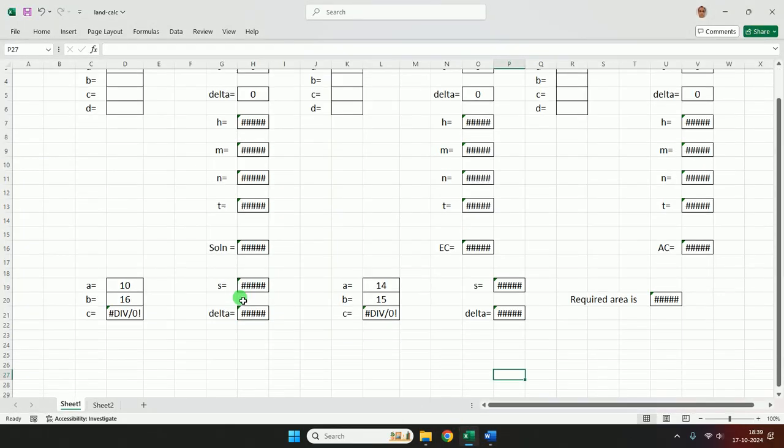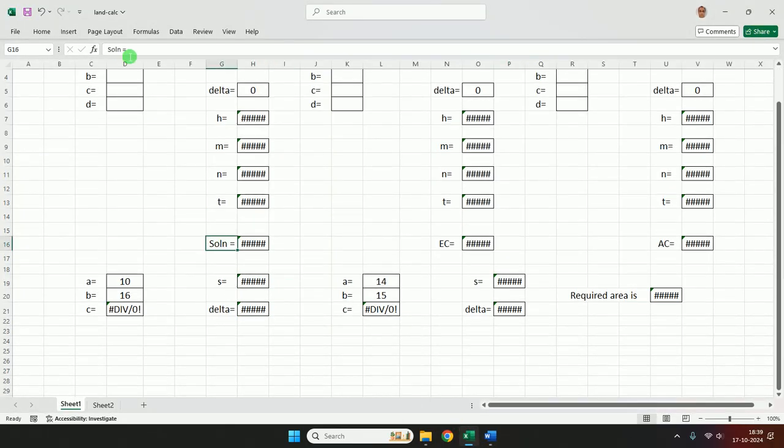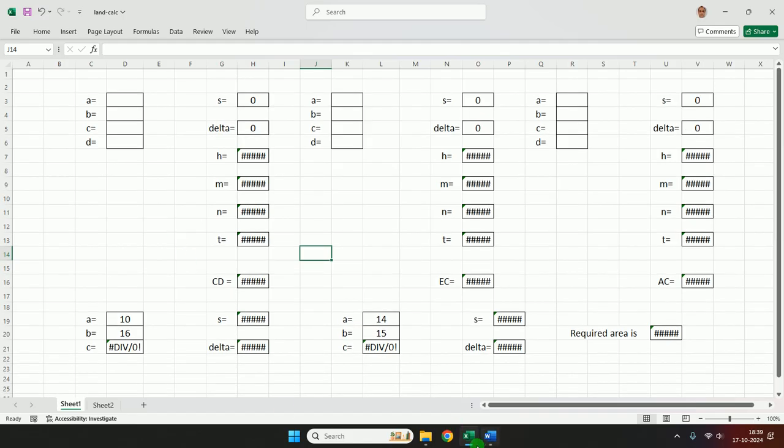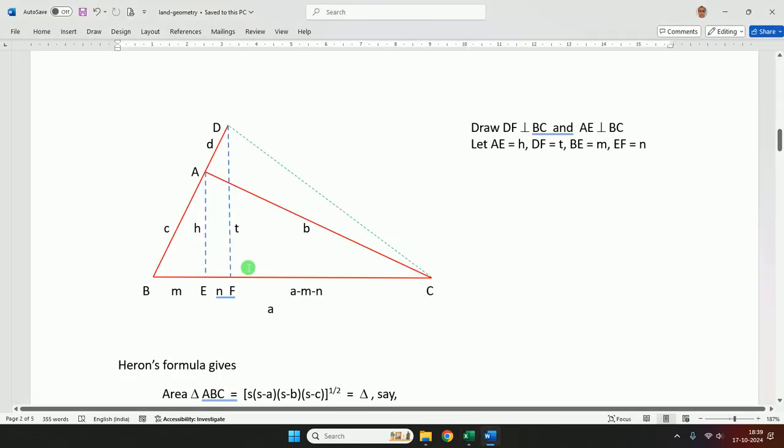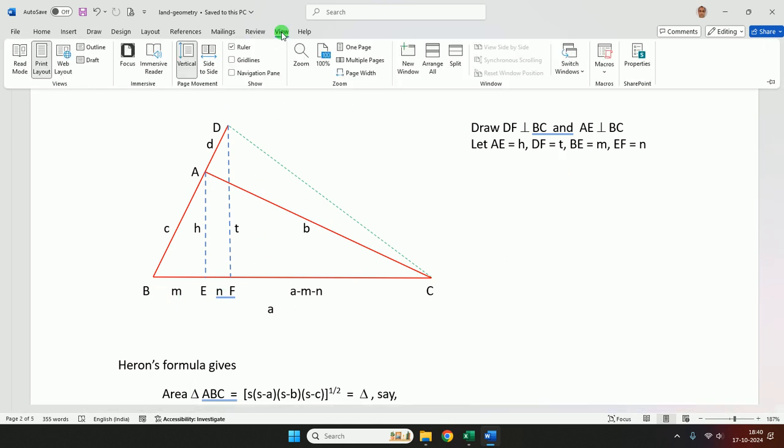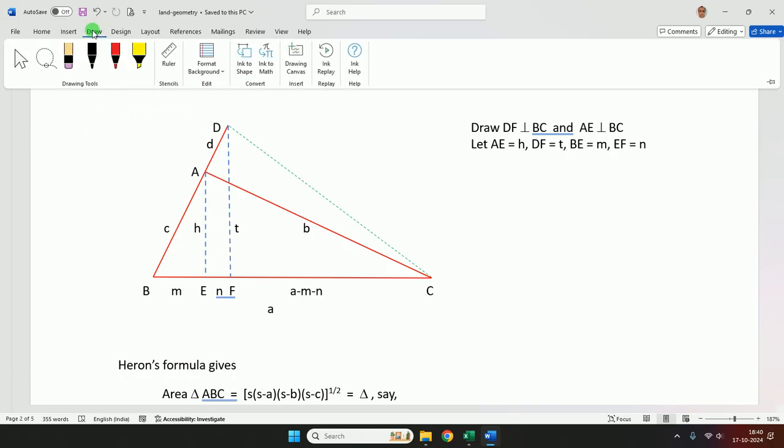So here it is written solution, it should be CD. So CD equal to, in this triangle, now how much is small a? Small a is BC. Now let us calculate it accurately as far as possible.